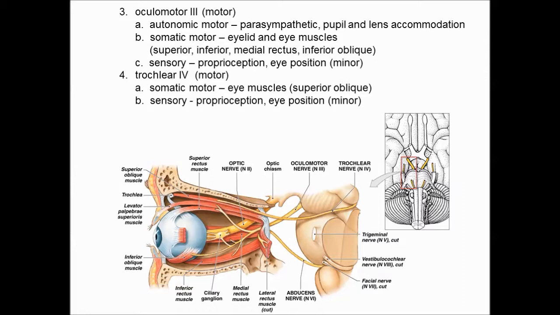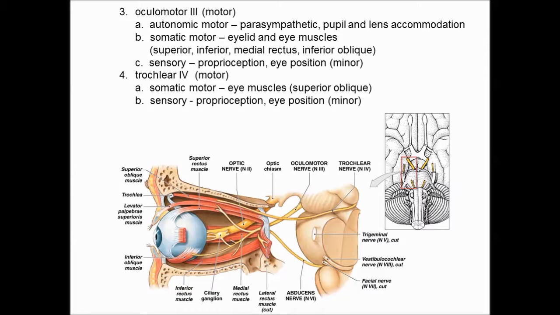So of the 6 eye muscles, 4 of the 6 are controlled by the ocular motor, number 3, or number 3 cranial nerve. Also, there are fibers there from the autonomic tract, parasympathetic part of the autonomic nervous system that control lens and pupil accommodation that we talked about in the visual system.